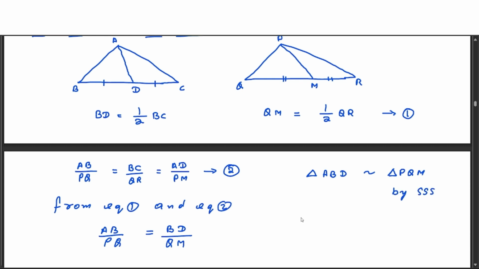Okay, so therefore angle B is equal to angle Q, because corresponding angles of similar triangles are equal.